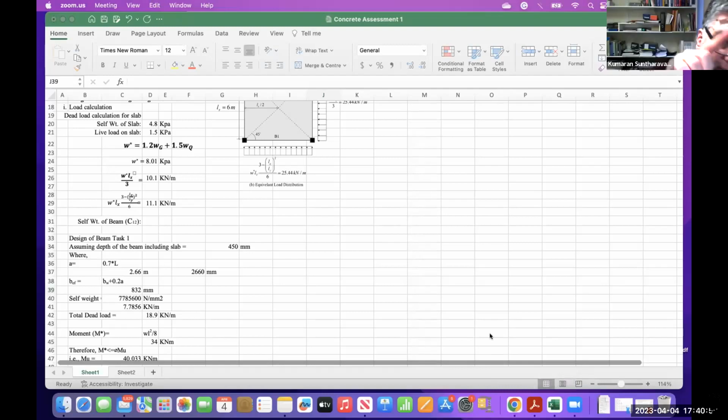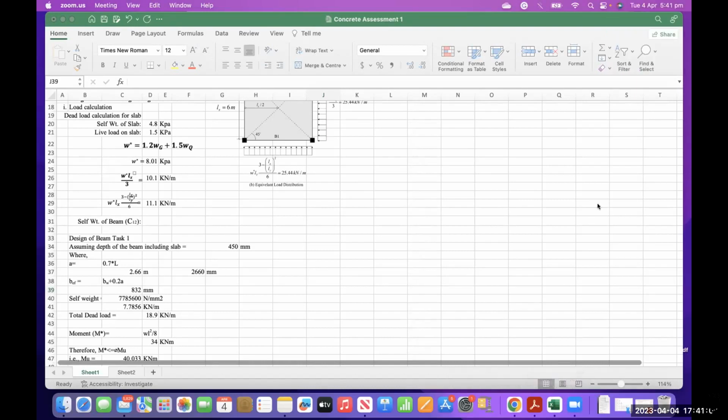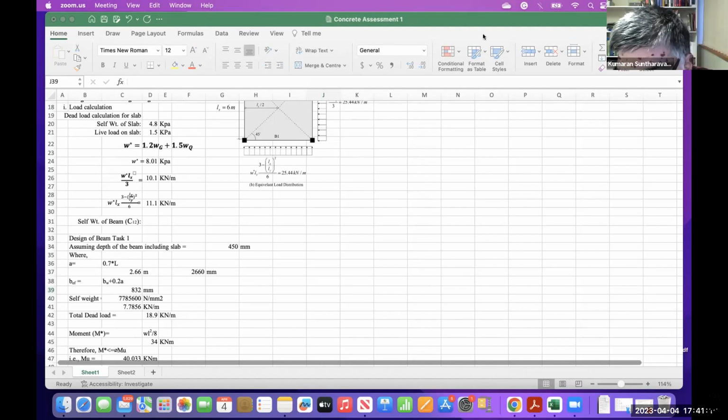So you understand you need to transfer the load, dead load and live load separately.